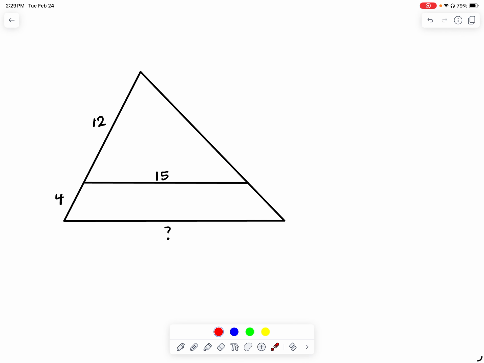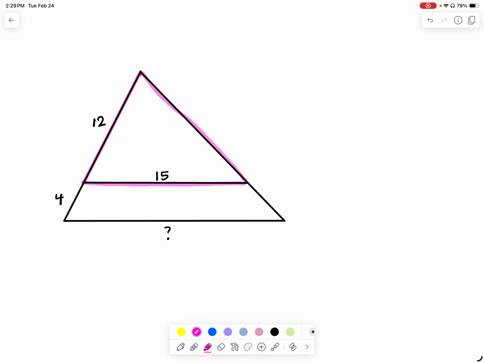Right, so here's our big triangle. And sometimes, if you're able to draw on the triangles, it can be helpful to highlight, or outline, the triangles that we're talking about. So we have this little triangle. We'll outline that one in pink.